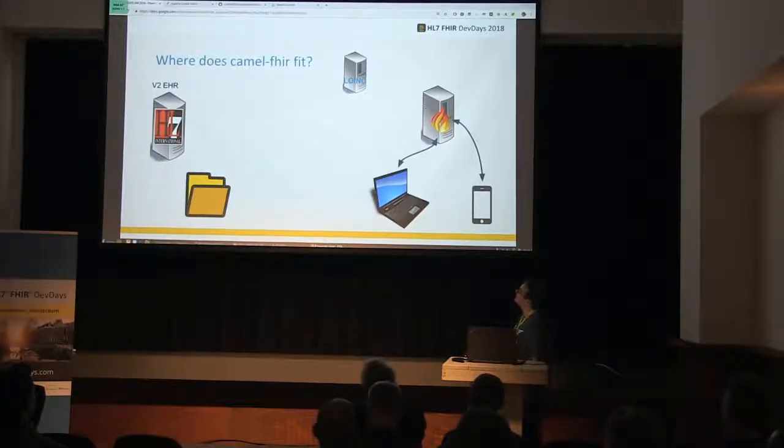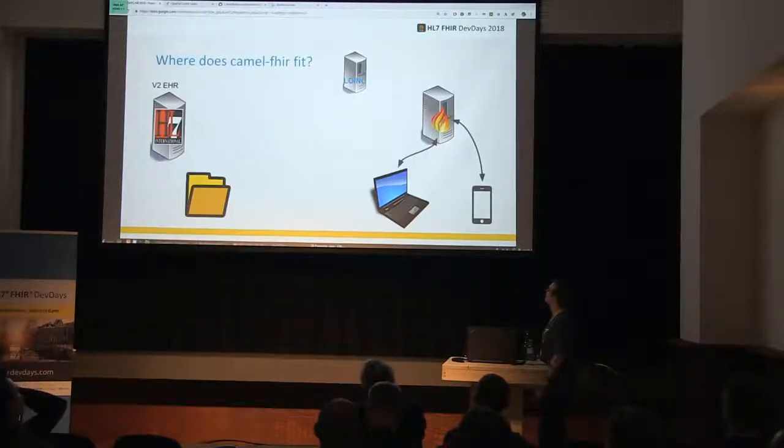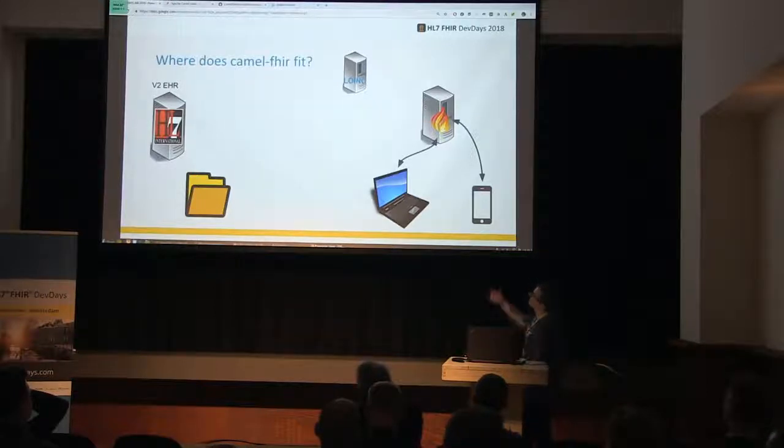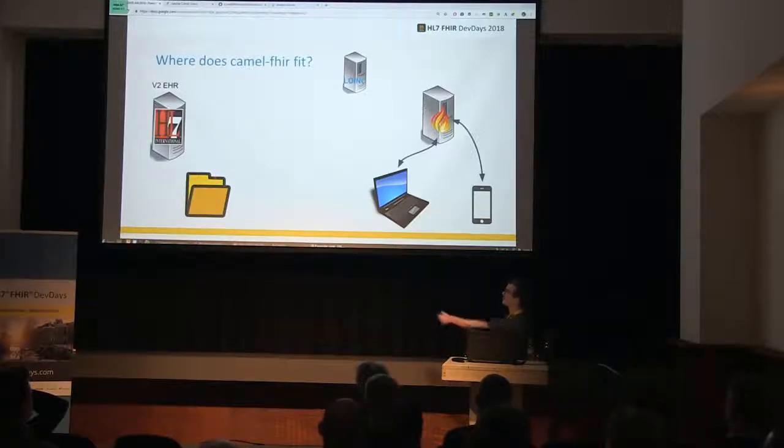So where does Camel FHIR fit? What can it do for you? This is your basic architecture. You have your FHIR server, your new FHIR server, and you probably have some website or some fancy apps. You have your V2 server in the background. You might have a terminology server, and you might have some exported data.